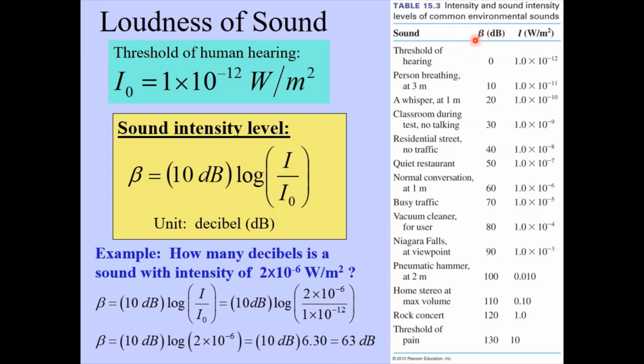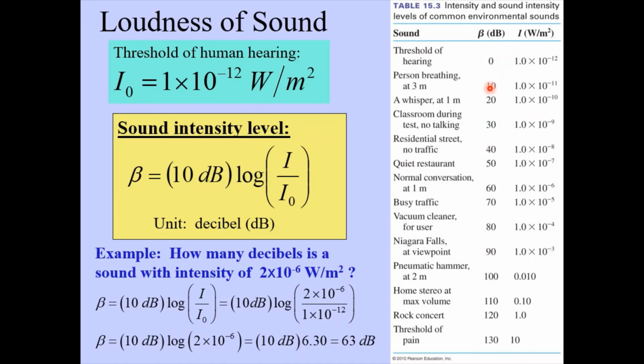This table here shows some common sounds that we hear and the number of decibels. For example, in a quiet room, if you have good hearing, you can hear someone breathing at about 3 meters away, and that would be a sound of about 10 decibels. A whisper at 1 meter away is about 20 decibels. Normal conversation at 1 meter is something like 60 decibels, a vacuum cleaner 80 decibels, and you can see it keeps going up.